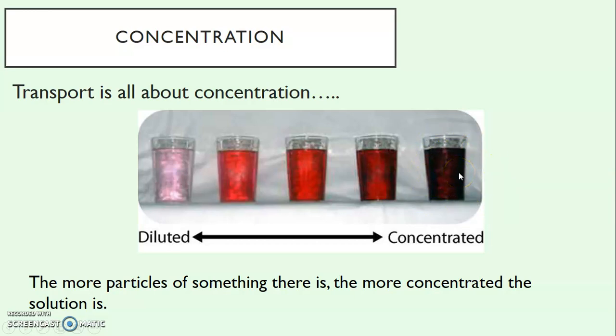It's really concentrated. And then as we move down, we're having fewer of these particles, so it's becoming more diluted. So this would be a high concentration, this would be a low concentration. And that's really important in transport. So make sure you understand what we mean by concentrated, what we mean by diluted or a low concentration.